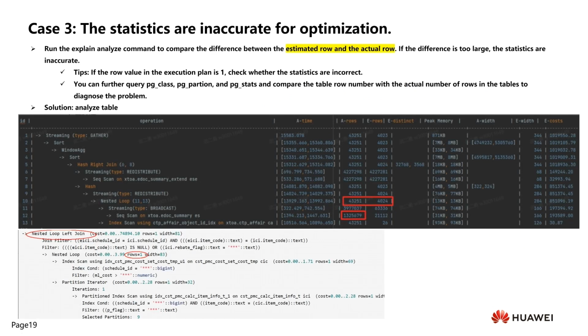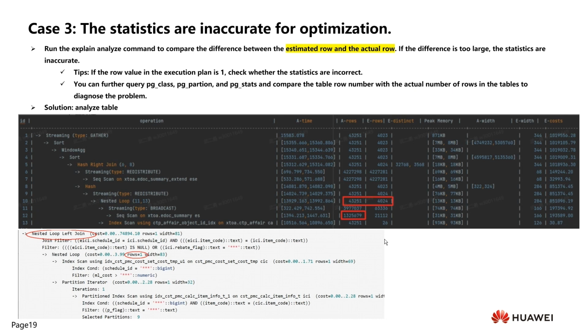And in these two examples, we are experiencing what is called inaccurate statistics. If we take a look at the highlighted part of our execution plan, we see there is almost a 10 times difference between the rows that are actually returned and the rows the optimizer estimates.